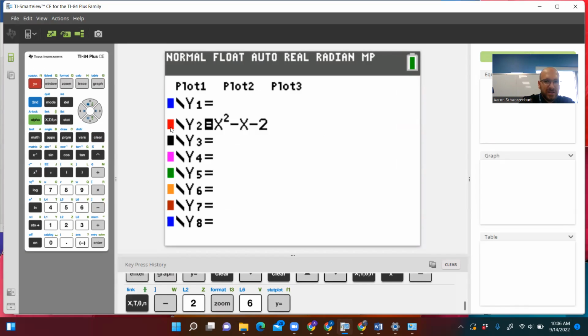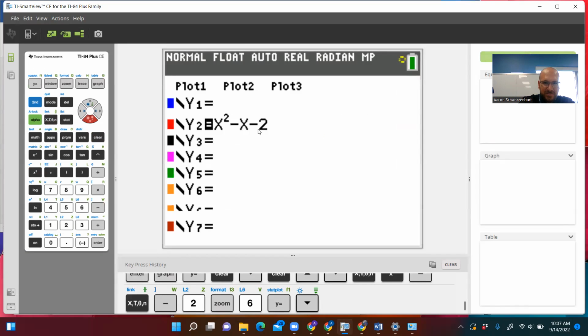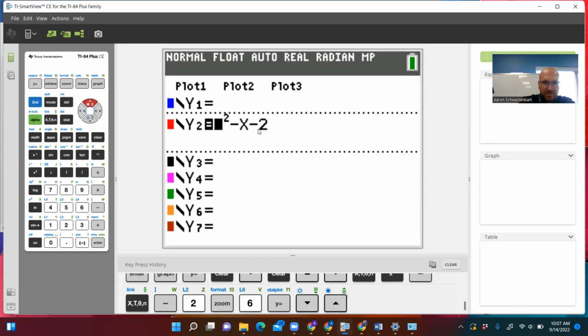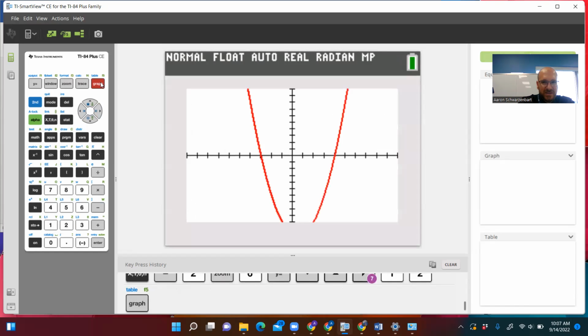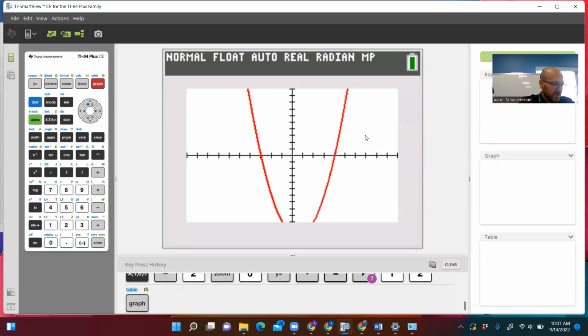Oh, I didn't enter it correctly. It's got to be -12. It does usually type over. I didn't feel like using insert because it was easy enough to type over. Okay, -3 and 4. I can see that it's greater than 0, less than -3, and greater than 0, greater than +4.